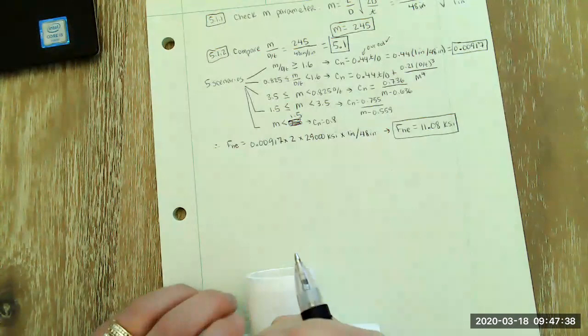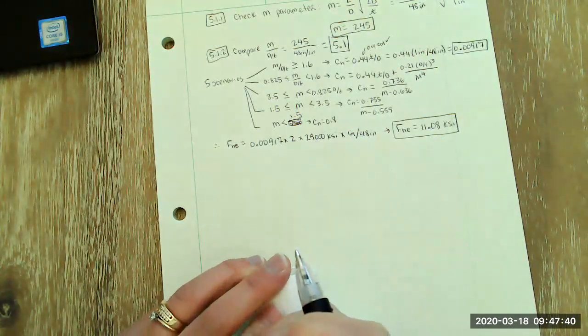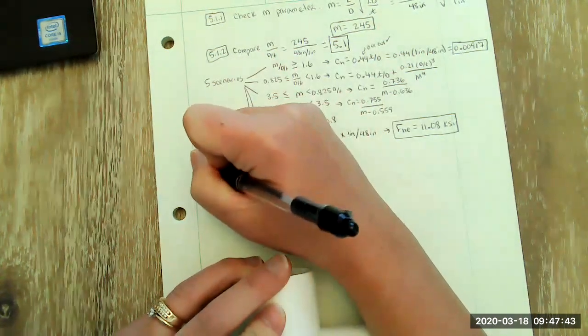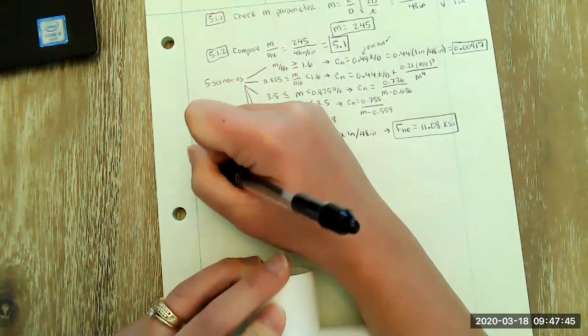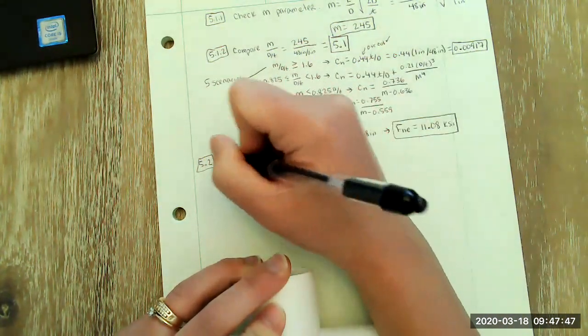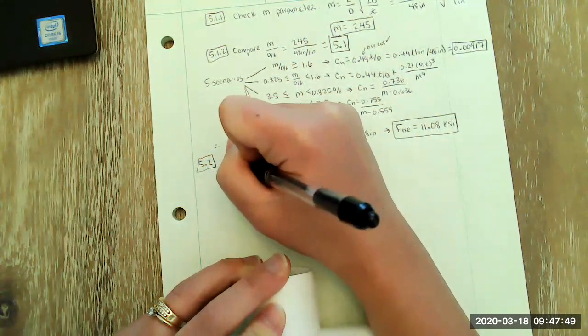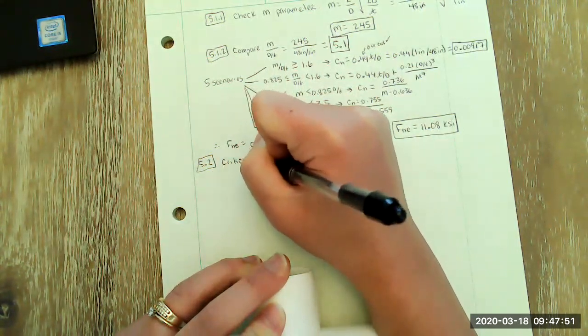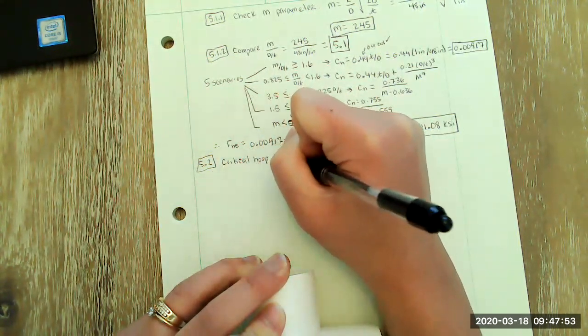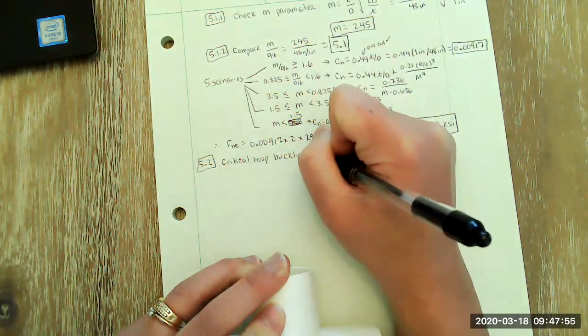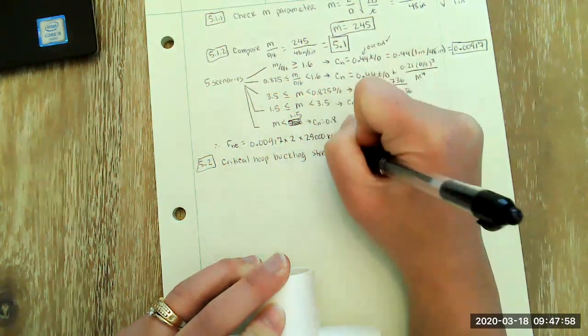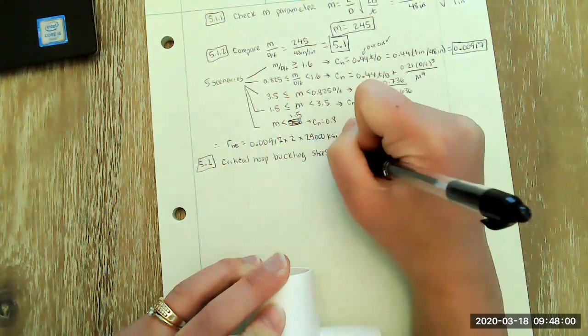Once we have our elastic hoop buckling stress, we want to calculate our critical hoop buckling stress, which is F sub HC.